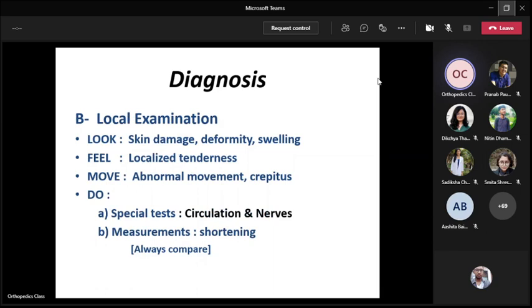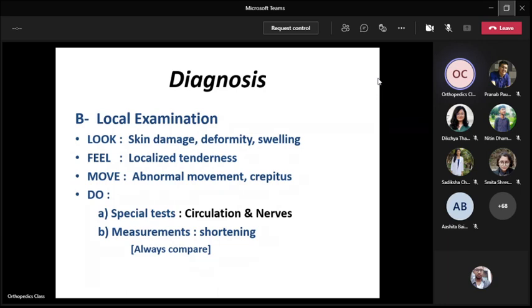Local examination in orthopedics, like in other subjects also, constitutes inspection, palpation, movement, and measurement. These are the four. Normally, in medicine and surgery, you go for inspection, palpation, percussion. Here it's something different because we are dealing with the upper and lower limbs, which are mainly used for movement and locomotion.